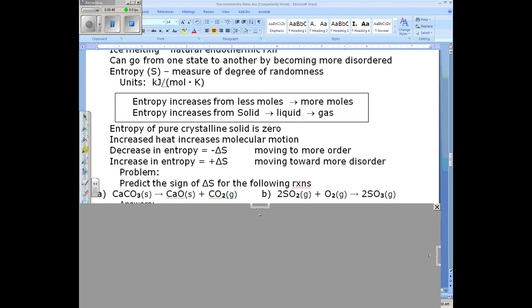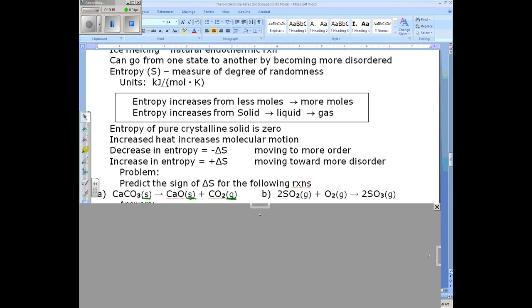What we have to look at here is the amount of disorder. We have a solid going to a solid and a gas. Are we moving toward more disorder or more order? More disorder. A gas is way more disordered than a solid is. Okay, so our sign of delta S is going to be positive because we're moving toward more disorder.